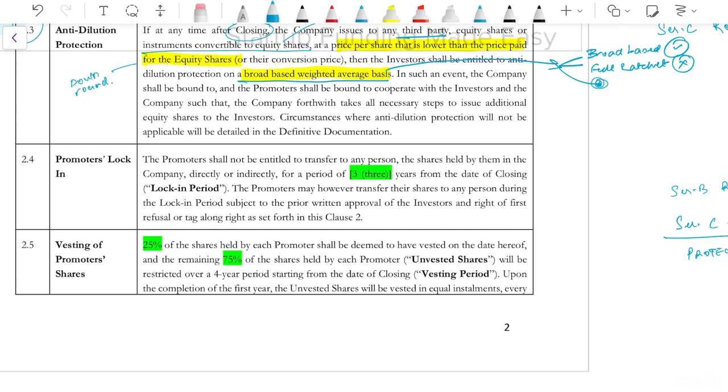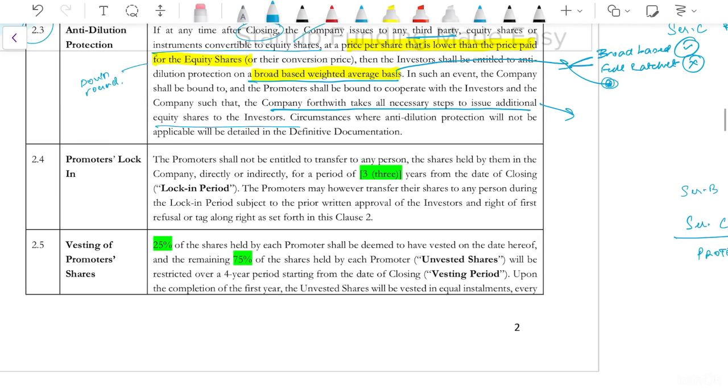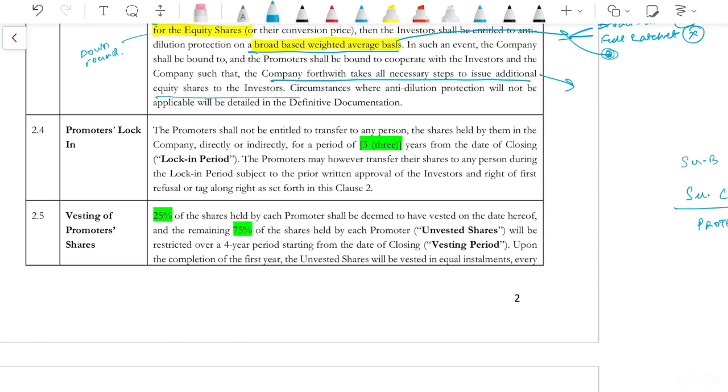Here the clause says that the company forthwith takes all necessary steps to issue additional equity shares to the investors. These additional equity shares may not require the investor to pay any amount for such shares. Hence, the company might have to issue free of cost shares to the investor to protect their stake from being diluted in case of a down round.